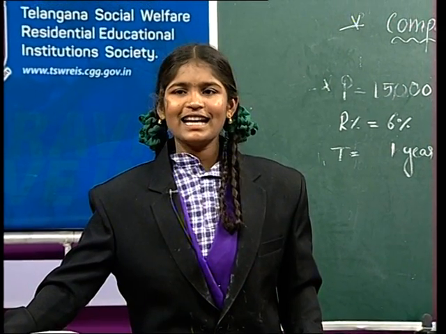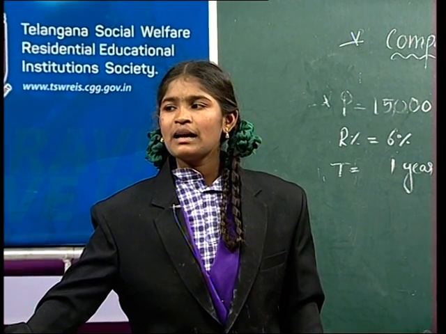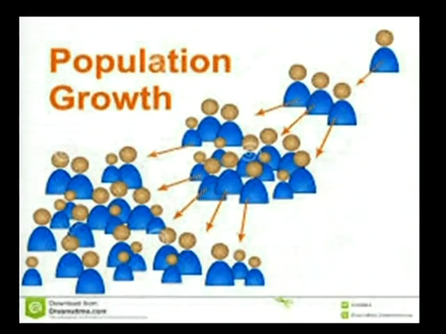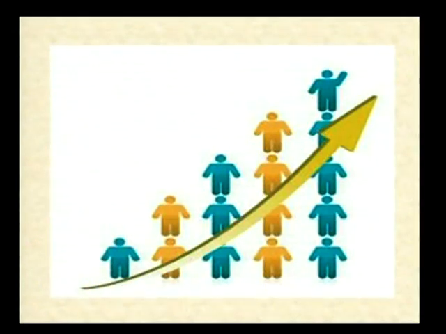This is the conversation we learned. This is the growth of population, an example of compound interest. For 1% it increases to 3%, and for 3% it increases further. And see the next graph, which is also an example of compound interest. See carefully, it clearly shows the people growing year by year.